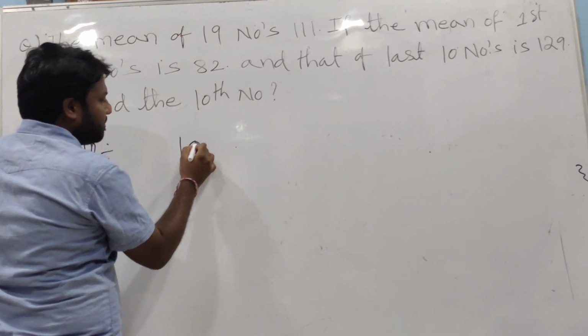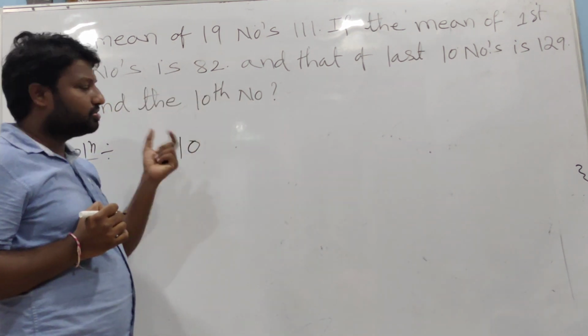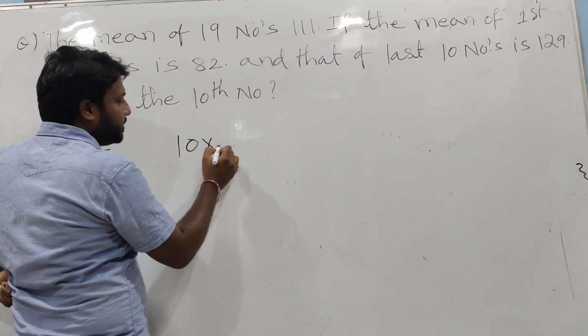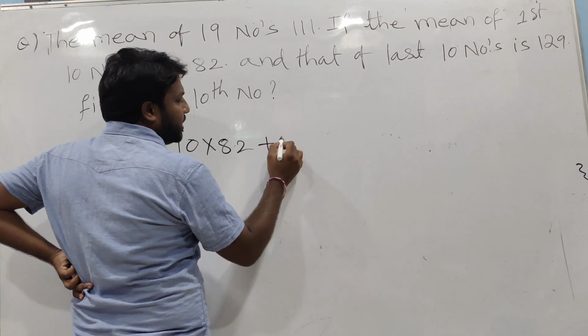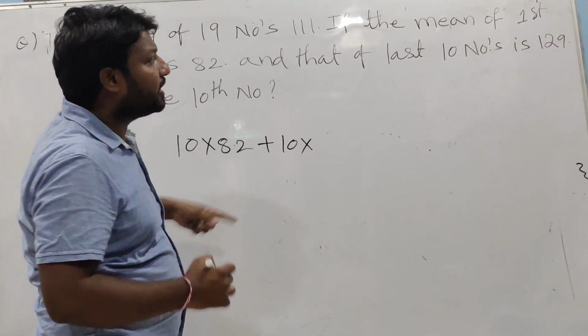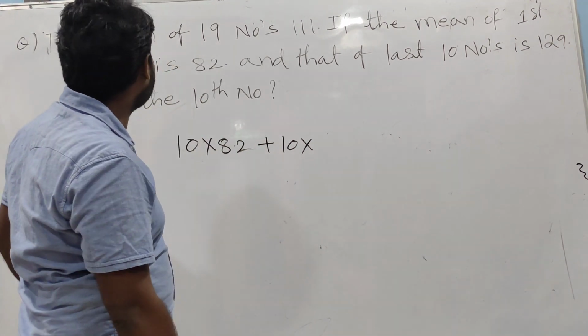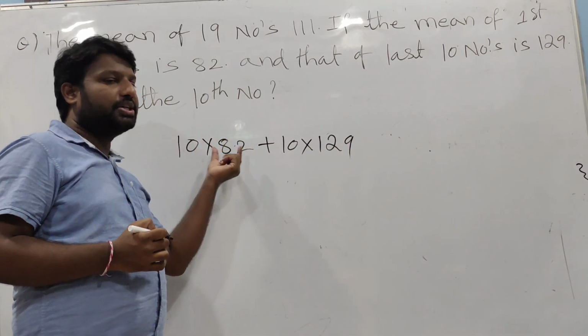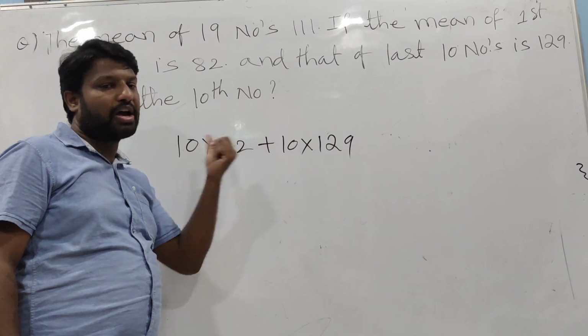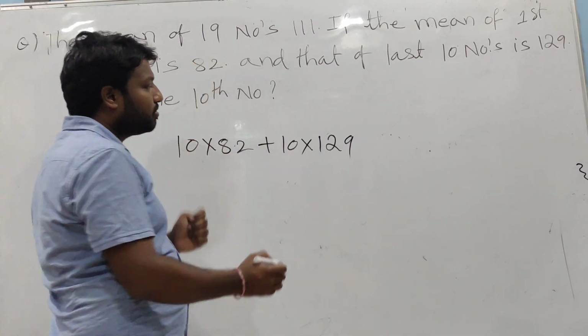So directly I will write first 10 numbers. The average is how much? 82. So what will be the sum? 10 into 82. Last 10 numbers, what average have they given? 129. Numbers into average is nothing but sum. So this minus the total sum.